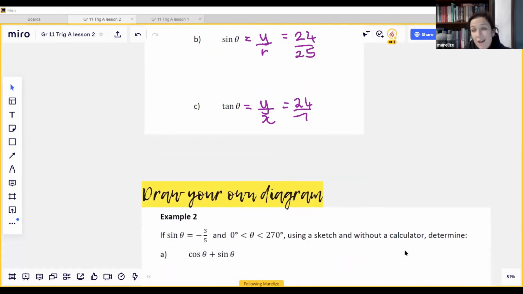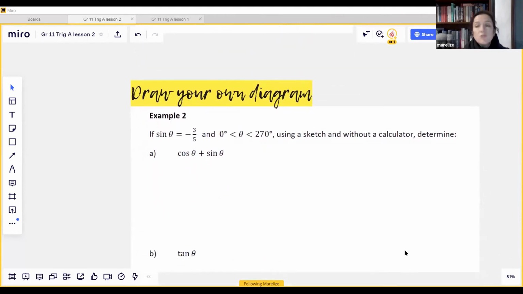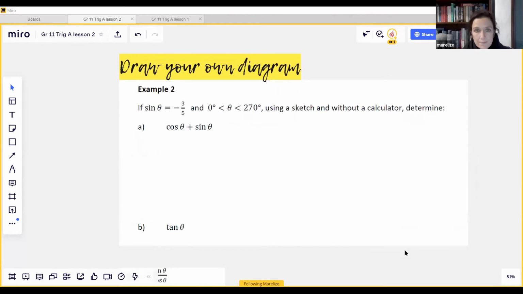So that was kind of easy because we had a diagram and we just had to do the Pythagoras and then put down the ratios. Now let's see what happens if they don't give you a diagram and they start asking stuff like cos theta plus sine theta and so on.